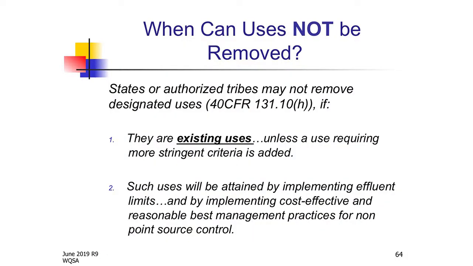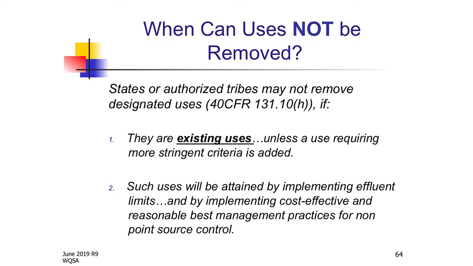Okay, so when can uses not be removed? One, they are existing uses, unless a use requiring more stringent criteria is added. Or two, such uses will be attained by implementing technology-based effluent limits, essentially, and by implementing cost-effective and reasonable best management practices for nonpoint source control.